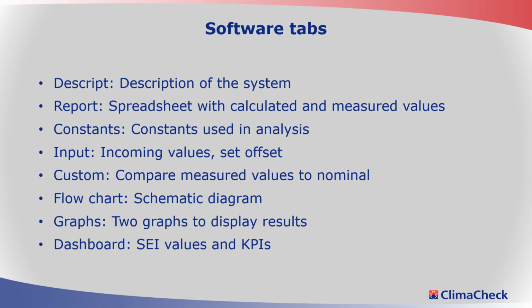The custom tab will give us a nice sheet to compare measured values to nominal values. We have the flow chart, where we see real-time values of the measurement, graphs to do the analysis, and a dashboard that shows the SEI values and the KPIs.